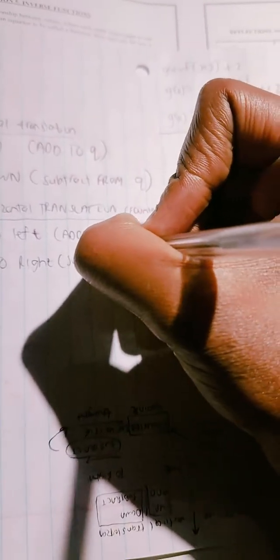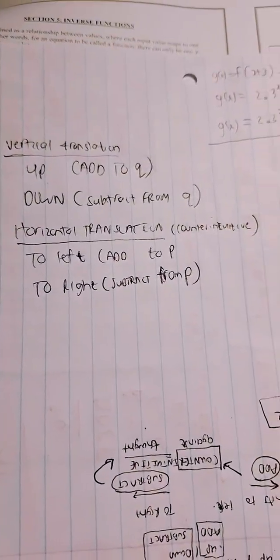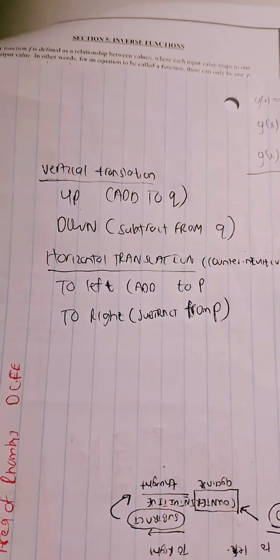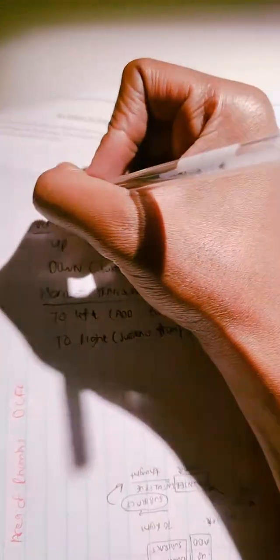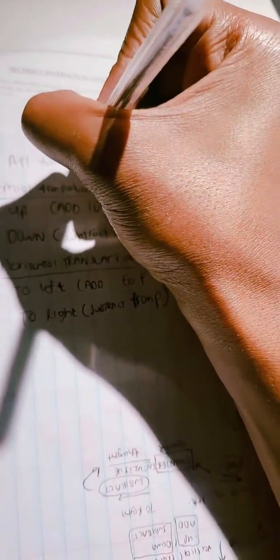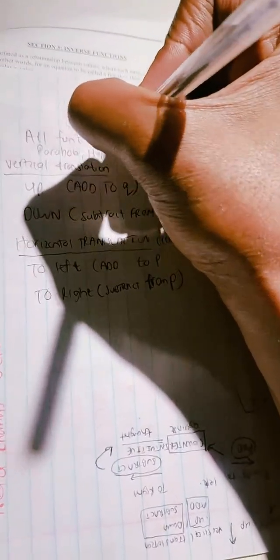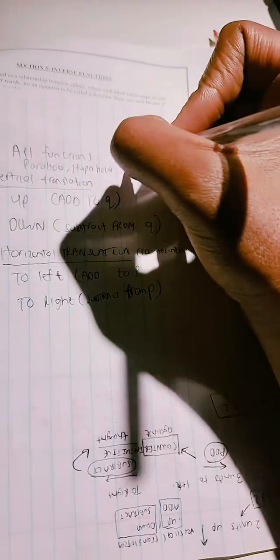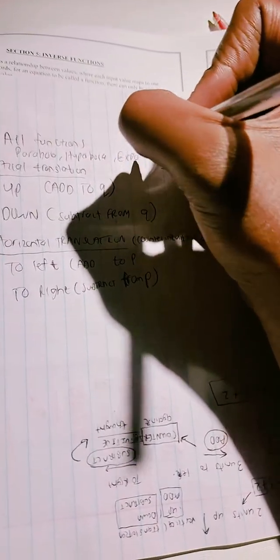Okay, if we've got that down, then that covers vertical and horizontal translation. So this is for all functions, whether it be your parabola, hyperbola, or your exponential. Okay, don't ever forget that.